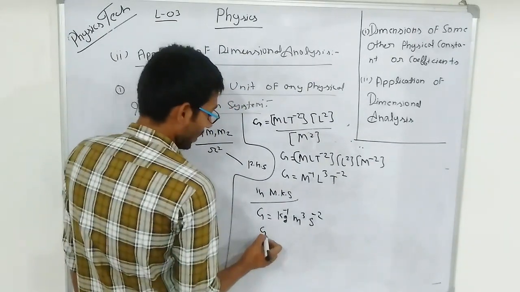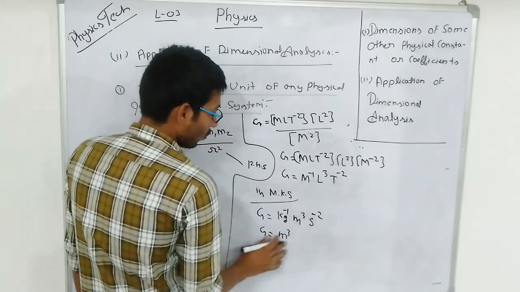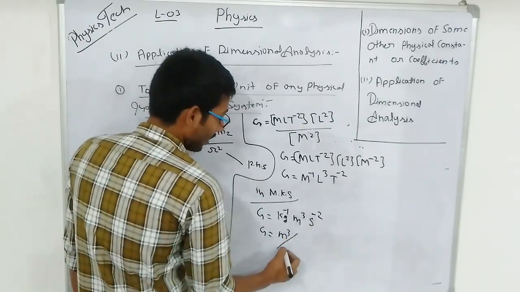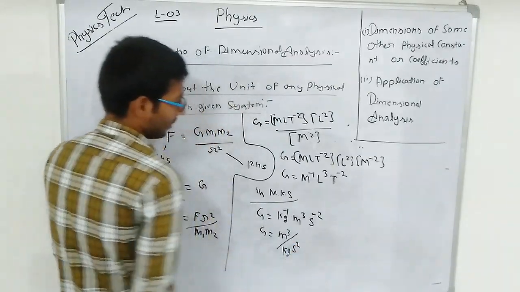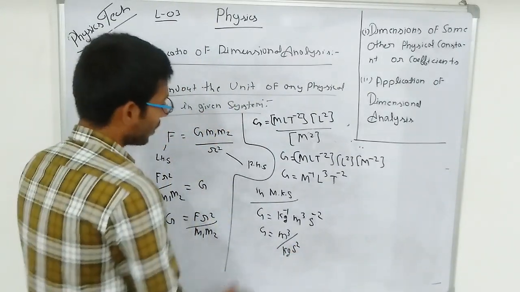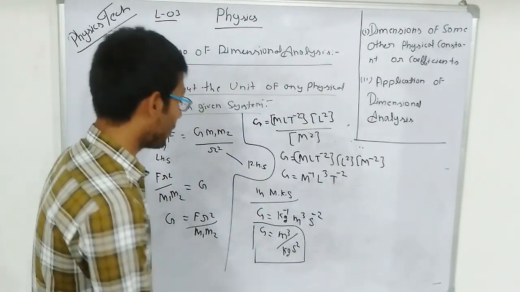So G is equal to meter cube per kg into second square, which is the unit in MKS system.